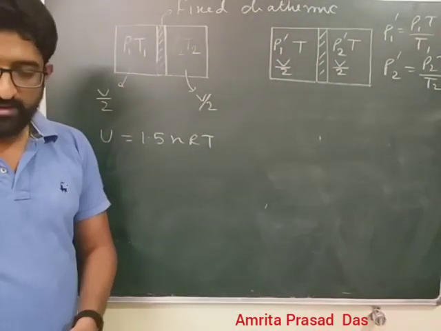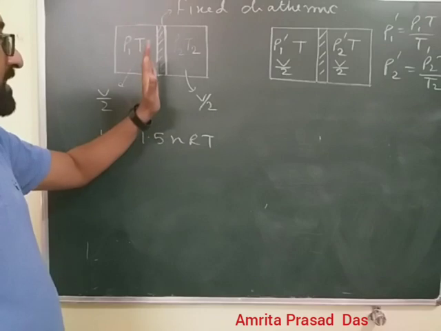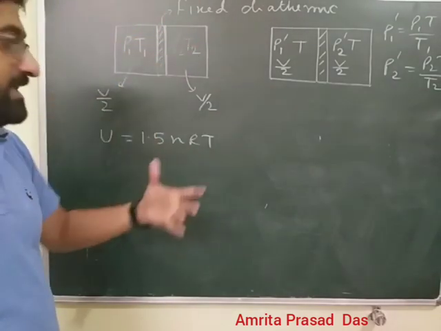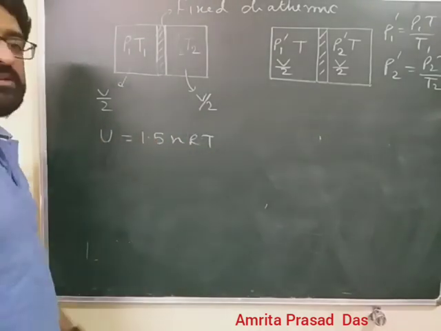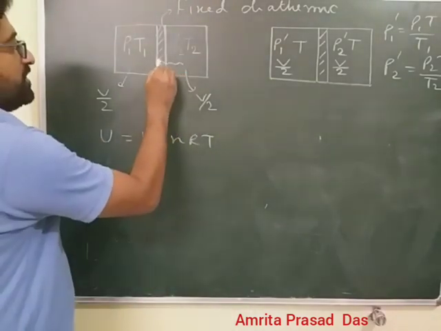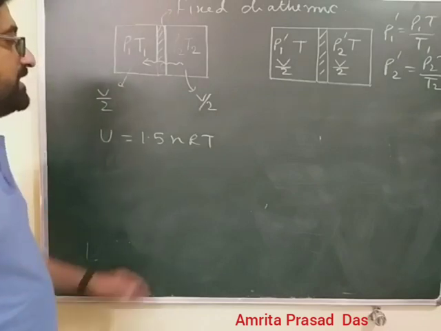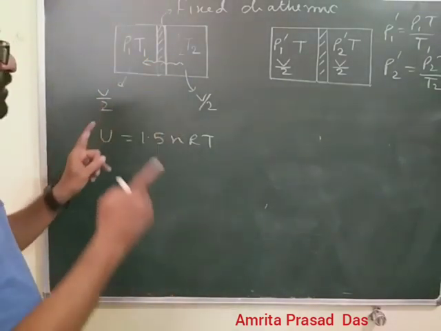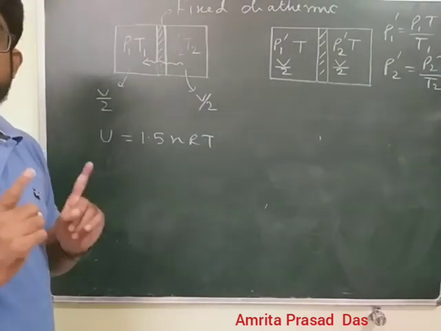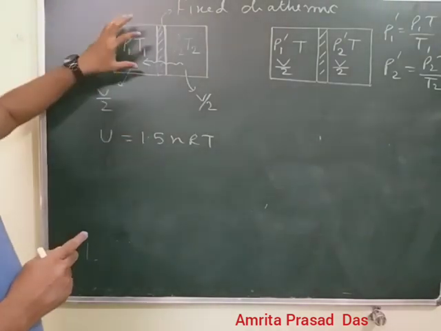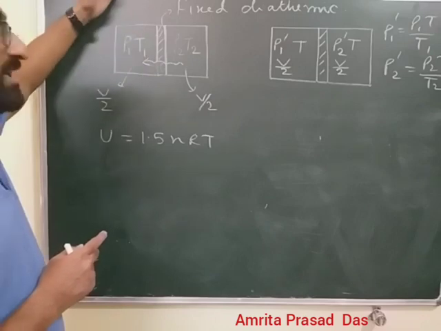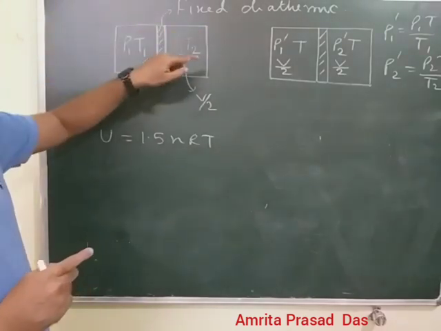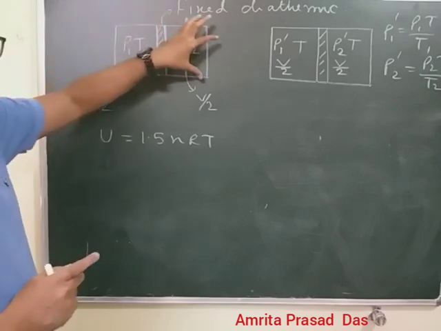Now, the internal energy of this chamber and this chamber changes obviously as the temperature changes. Heat flows from this side to this side, therefore temperature changes and internal energy changes, but the total internal energy remains constant, as no heat can go outside the system, as these separators or boundary is an adiabatic boundary.